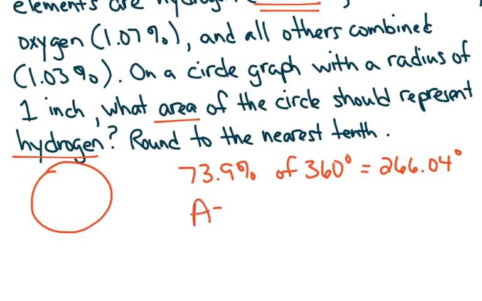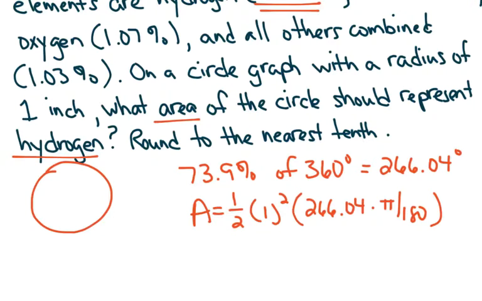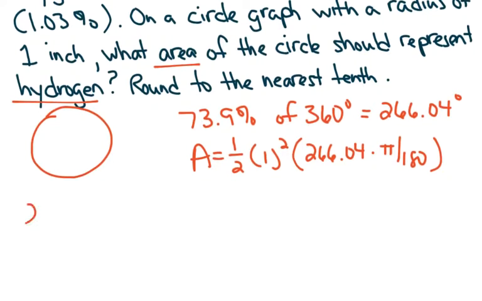So the area is going to be 1/2 of the radius squared times the angle in radians. Sometimes an easy way to deal with changing degrees to radians is to just tack on the pi over 180. Although you are more than welcome to just do 266.04 times pi over 180. Because you're dealing with something in decimals, I would probably write down an answer in decimals.